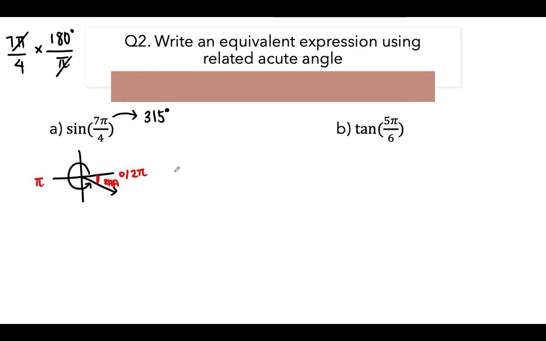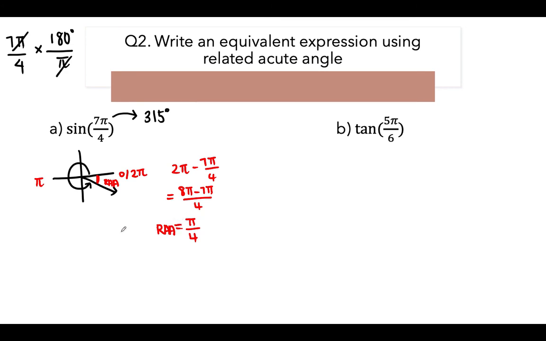So to find this, all we're going to do is 2 pi minus 7 pi over 4. And make the same denominator, which is 8 pi over 4 minus 7 pi over 4. So that is going to give me pi over 4. That is my related acute angle.